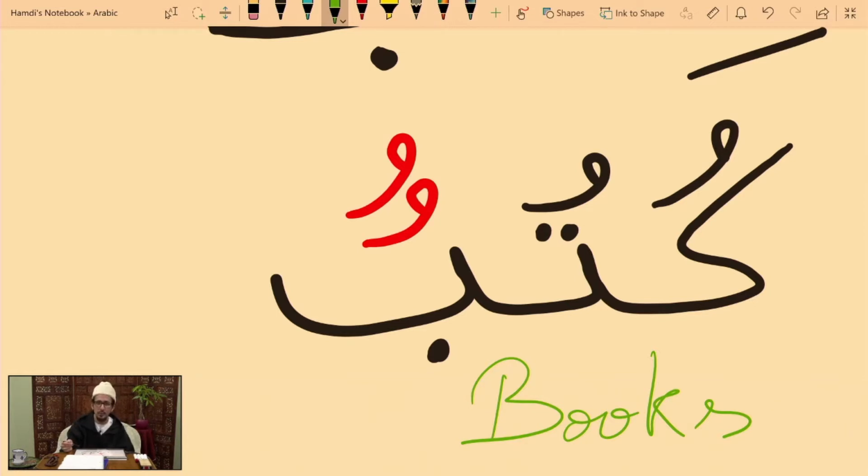What do you have in your hand? Books. There is a difference between if I tell you, what do you have in your hand? If you tell me the books, that presupposes that we've talked about certain books, and I asked you to bring certain books, and you answered the books.